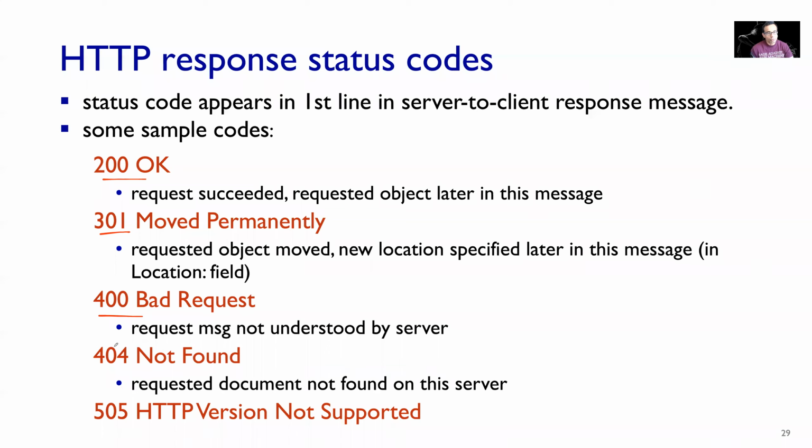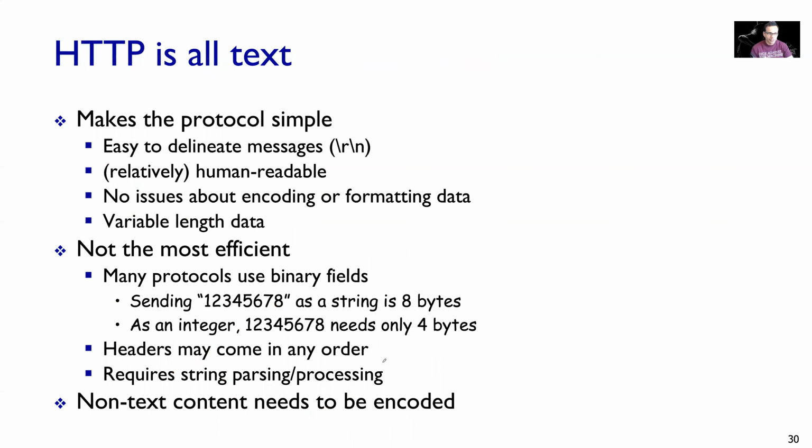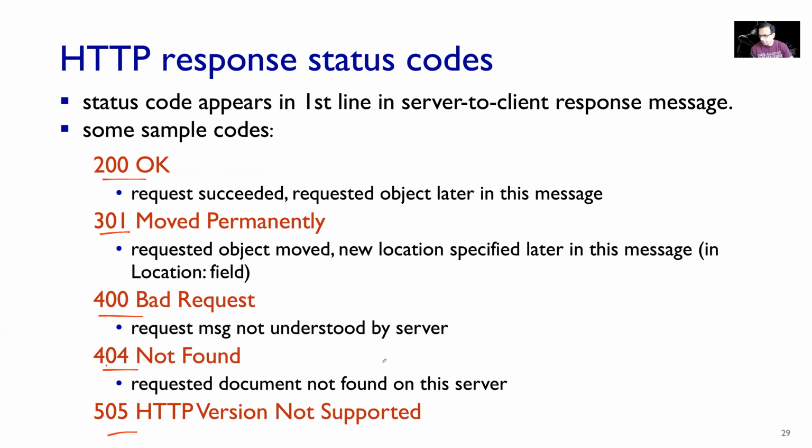And then some of the 400 ones are all error messages essentially. Right. And then there's a few crazy ones. I think there's one called I'm a teapot. I think that's just a joke someone played when designing the standard, but it's actually there. It's part of the standard. I forget the exact code for that. Right.